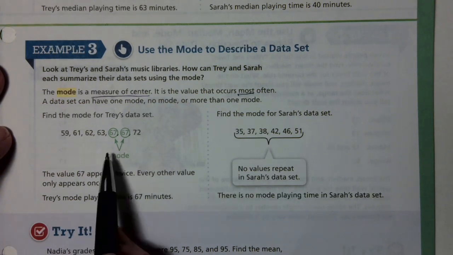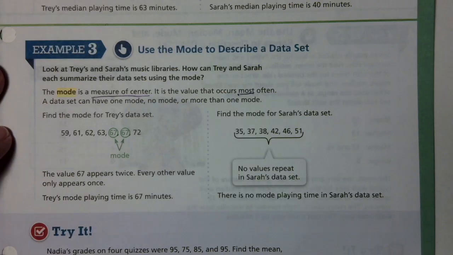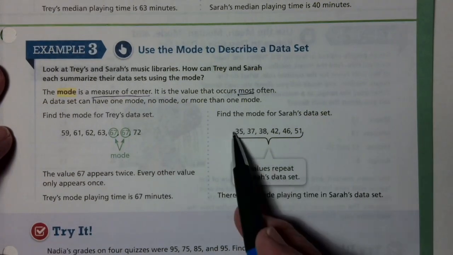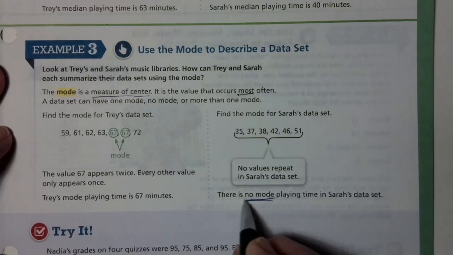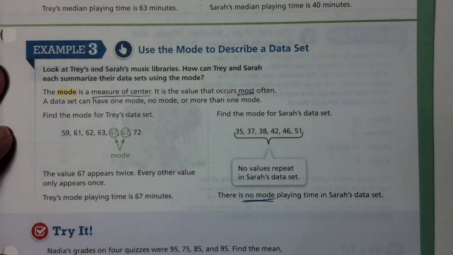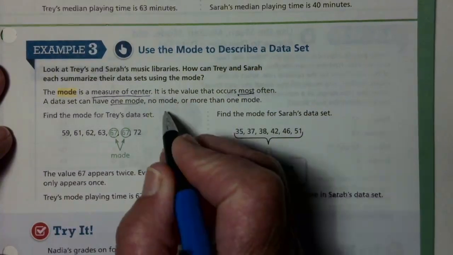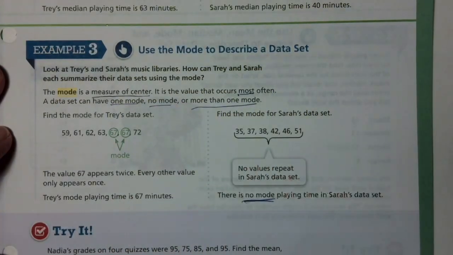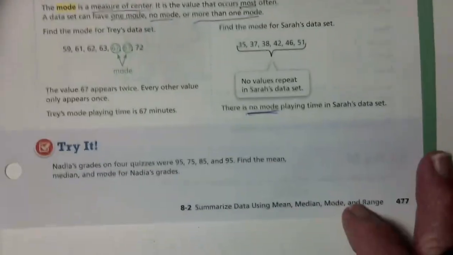Okay, so this one has a mode of 67. This one doesn't even have a mode. There's nothing that repeats, so there is no mode. So you can have one mode, no mode, or more than one mode. All right, let's try it.